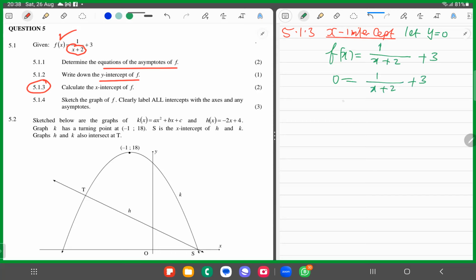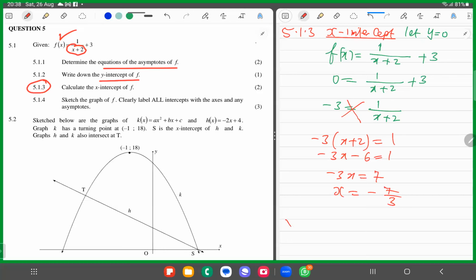At this point, you cross multiply, which means minus 3 into x plus 2 equals 1, so minus 3x minus 6 equals 1, which means minus 3x equals 1 plus 6, which is 7. We divide through by negative 3, which is minus 7 over 3. Right, so we are good now.